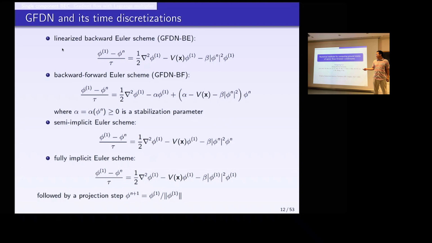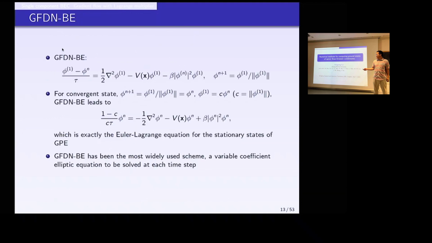Or we can also do this one in another way, the fully implicit way. All this will be followed by the projection step to satisfy the constraints. And we can argue that when it's convergent, the intermediate and final step size satisfy this scalar condition.